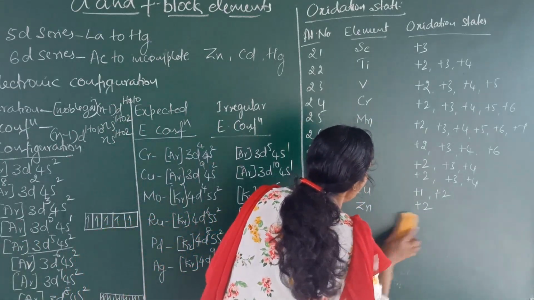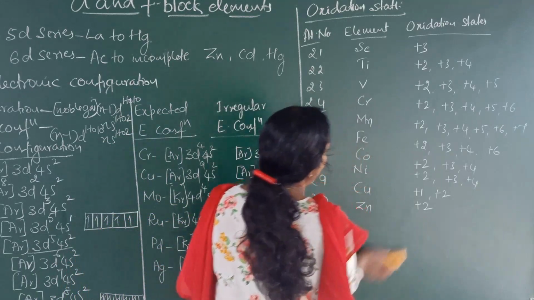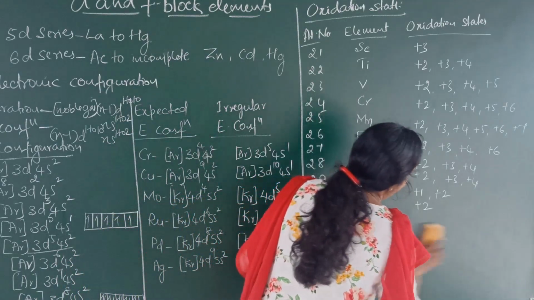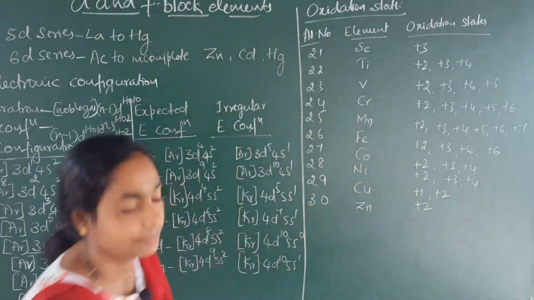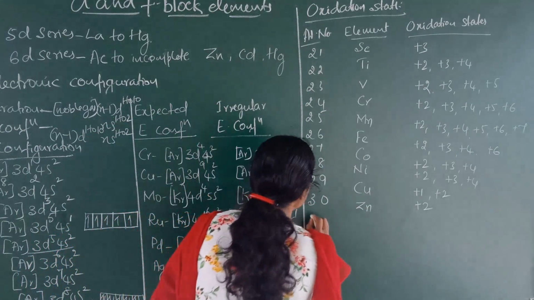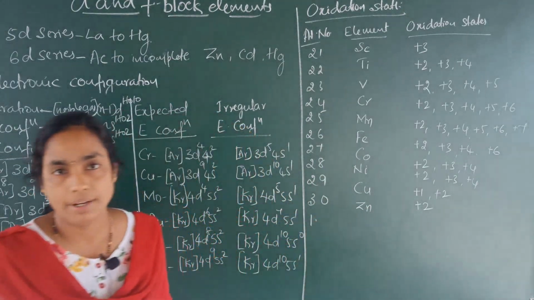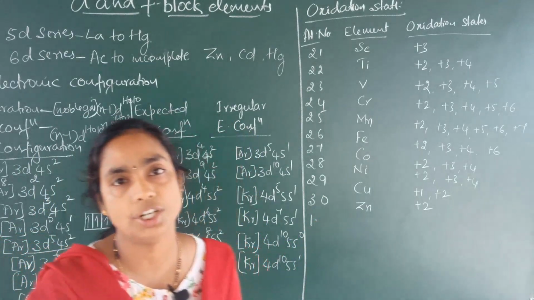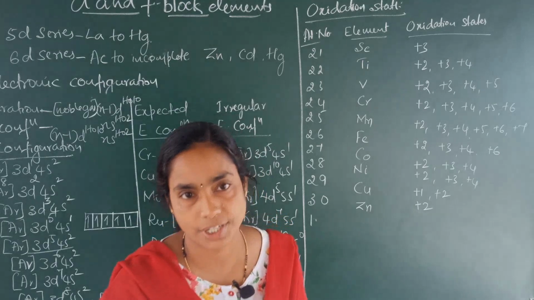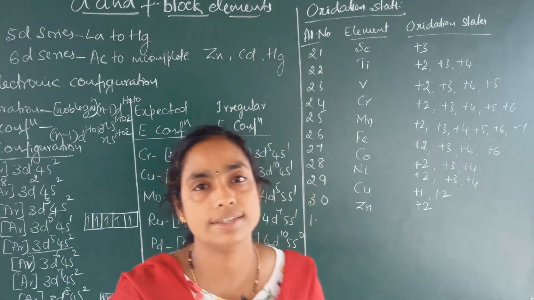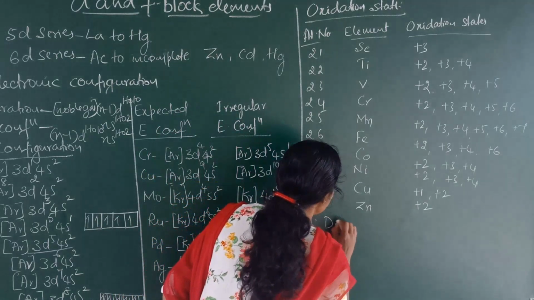Now here we have to consider the most important points under this oxidation state. In the examination they will ask you from this. So the first point, the 3D series transition element which shows only 1 oxidation state, or does not show variable oxidation state.